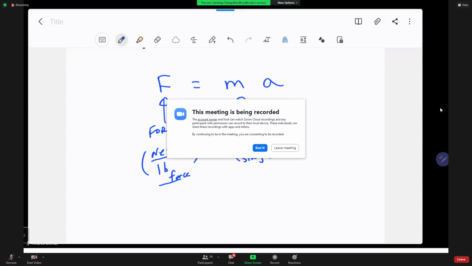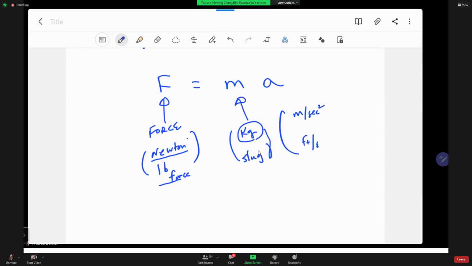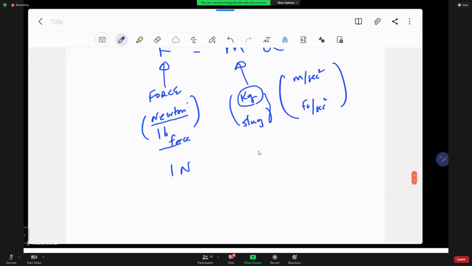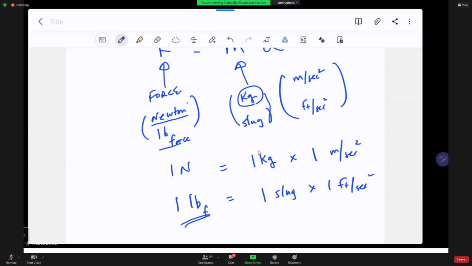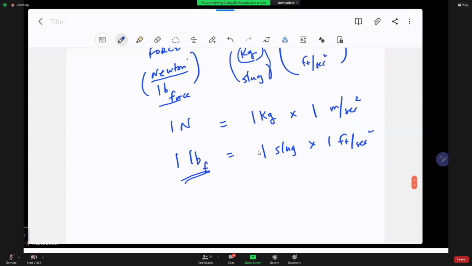Accelerations are given as meters per second squared, and this could be feet per second squared, sometimes inches per second squared. 1 Newton is defined when we have 1 kilogram accelerating at 1 meter per second squared. 1 pound force is when we have one slug accelerating at 1 foot per second squared. So that's how the 1 pound is defined.